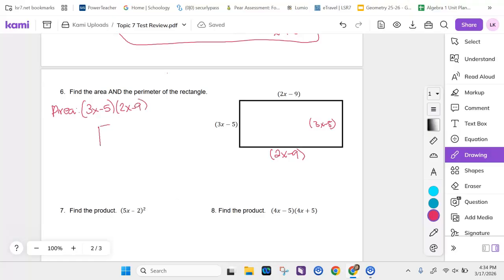If I do the box, 2x times 3x is 6x squared. 3x times negative 9 is negative 27x. Negative 5 times 2x is negative 10x. Negative 5 times negative 9 is 45. Combine like terms, so 6x squared, you can combine these to make it negative 37x plus 45.